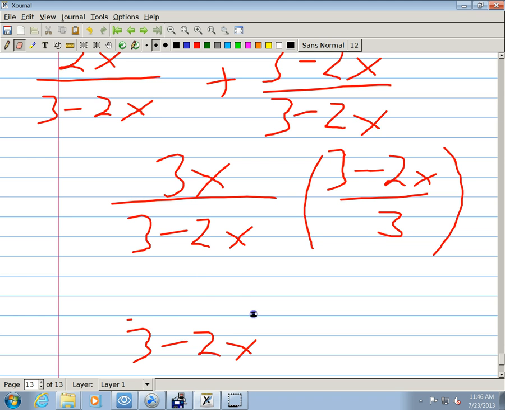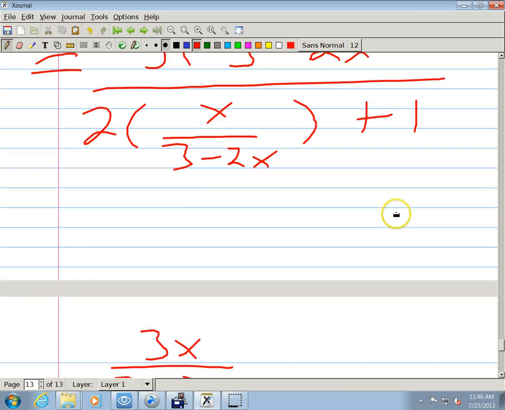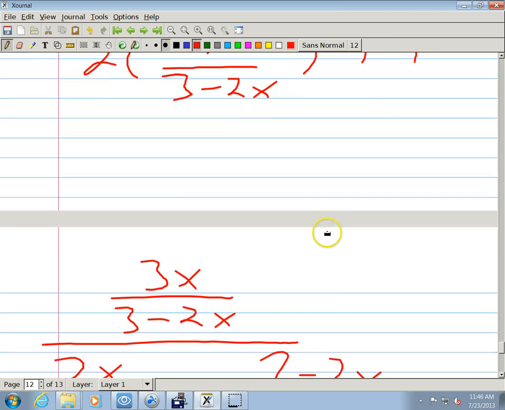And so now clearly, what happens? The 3's cancel, and the 3 minus 2x cancel, and all that's left is exactly what you wanted, the x. Ta-da! Okay, so f of f inverse is in fact x.